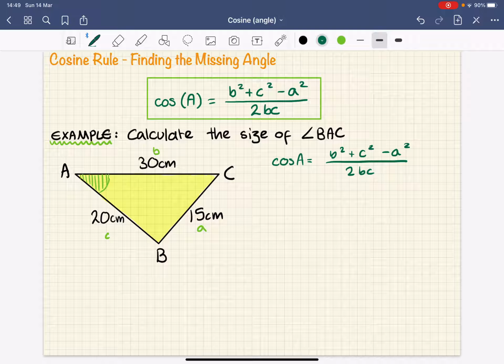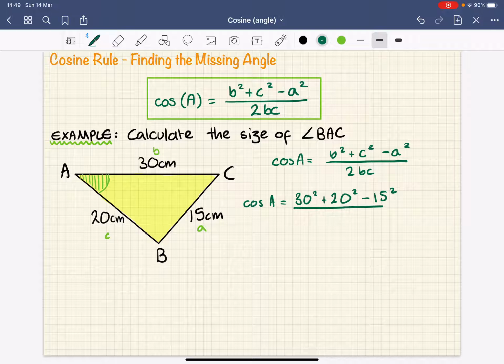And then I'm going to do my substitution. So cos A is going to equal, that 15 squared plus, not 15 squared. My B is that 30, so 30 squared plus 20 squared minus 15 squared.